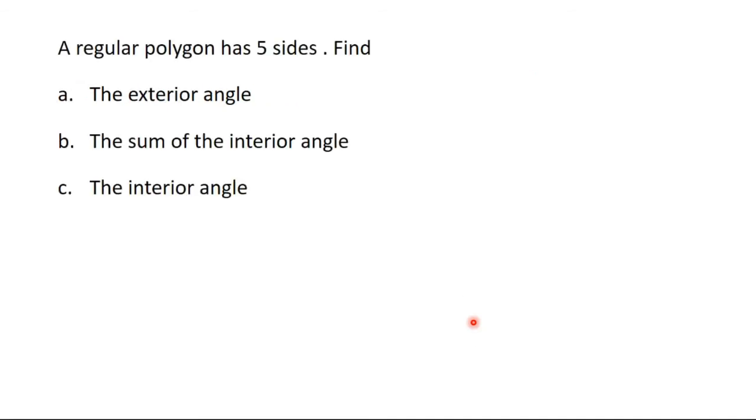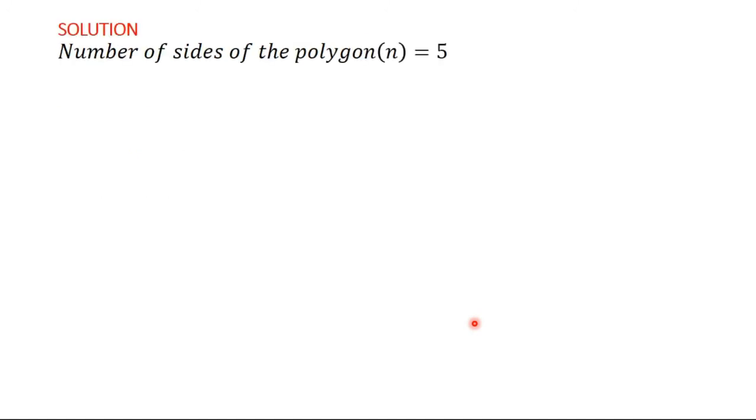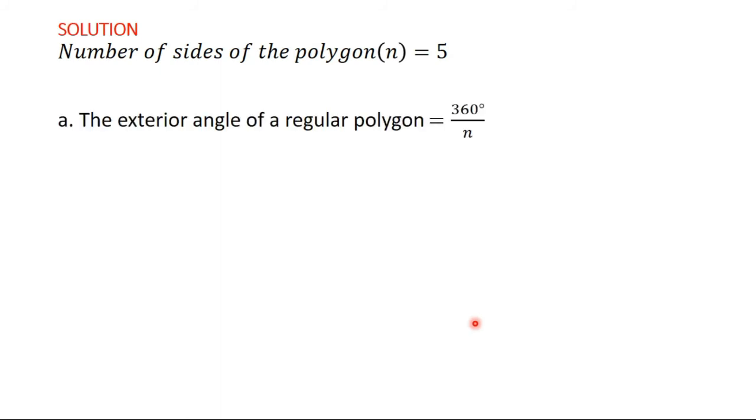Let's look at another question. A regular polygon has 5 sides. So this is a regular polygon with 5 sides, so it's called a pentagon. Find A, the exterior angle, B, the sum of the interior angles, and C, the interior angle. We know that the number of sides is 5, so n is 5.